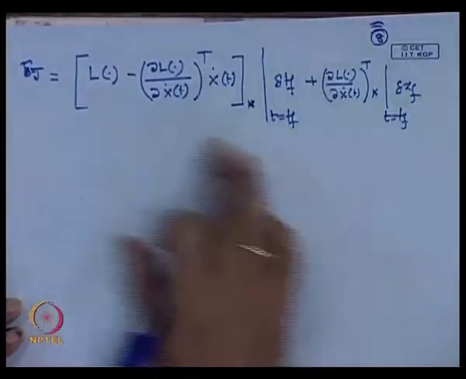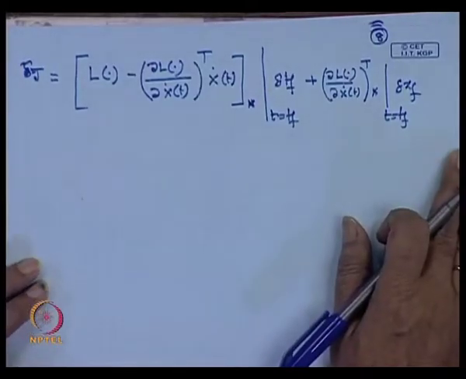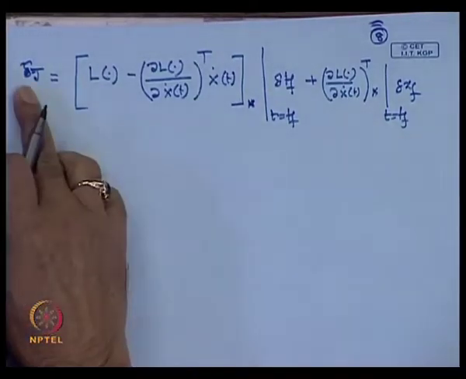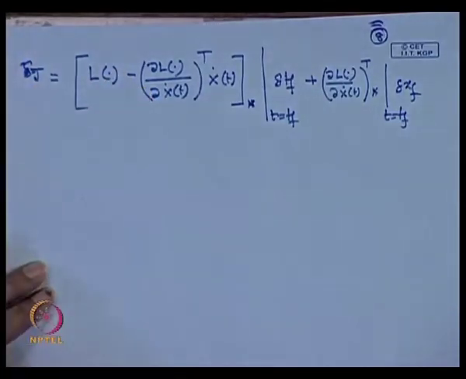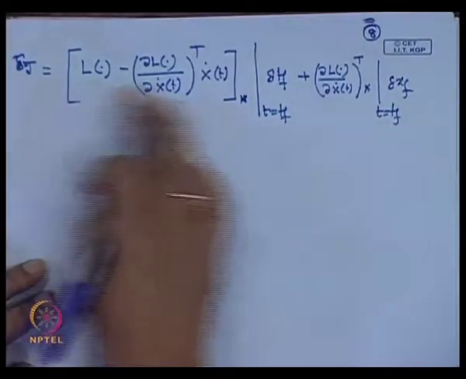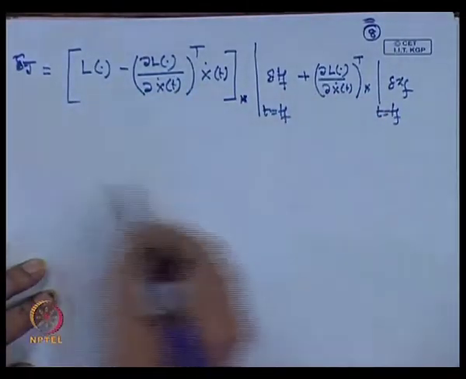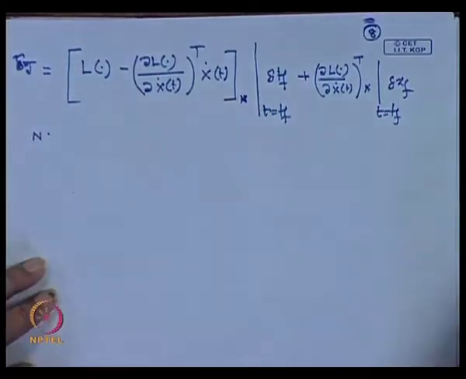Now, in order to become this 0, what is the condition? Our necessary condition is, if you see the basic necessary condition, delta J must be 0. So, in order to make the necessary condition, we got two conditions.